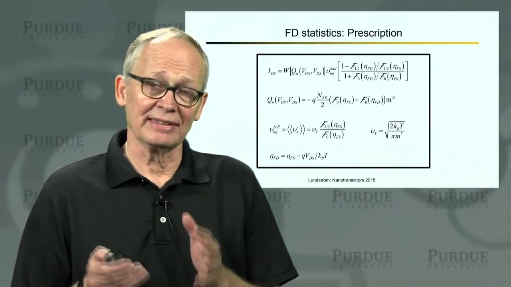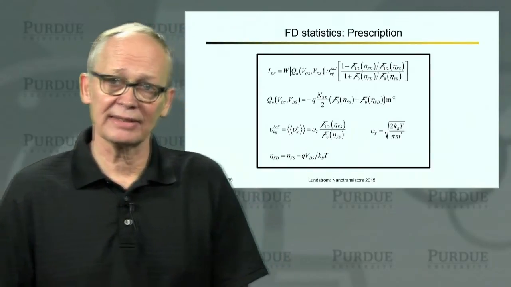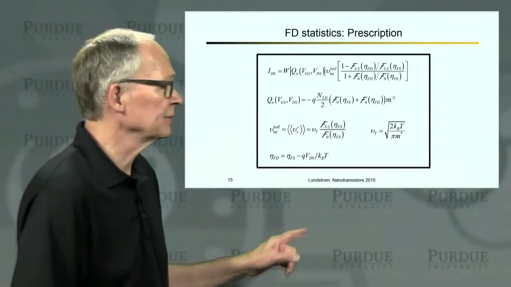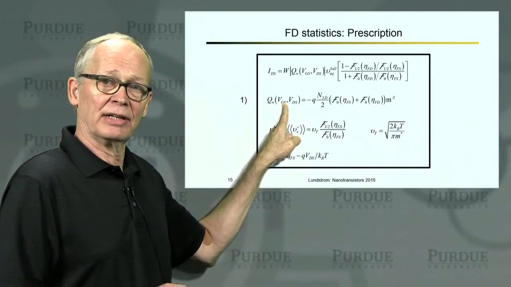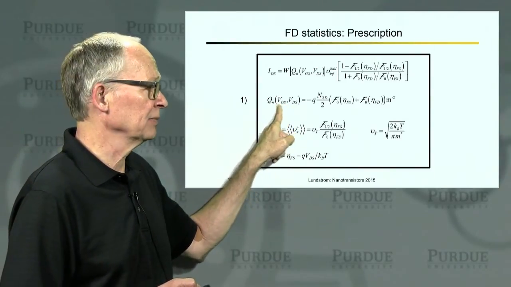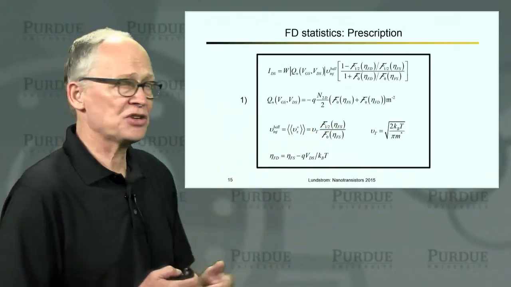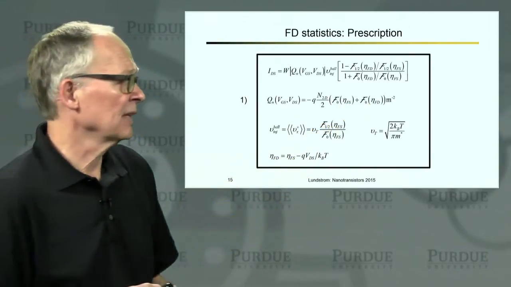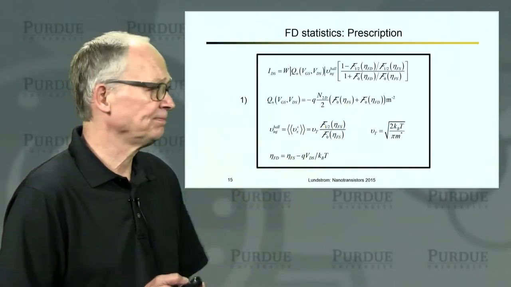We also even gave a prescription for how one would calculate the IV characteristics using Fermi-Dirac statistics. So one would start by saying, I know how to calculate the charge based on MOS electrostatics, so that's known at a given gate and drain voltage. We know how it's related to the location of the Fermi levels, so we can solve this equation for the location of the Fermi levels.